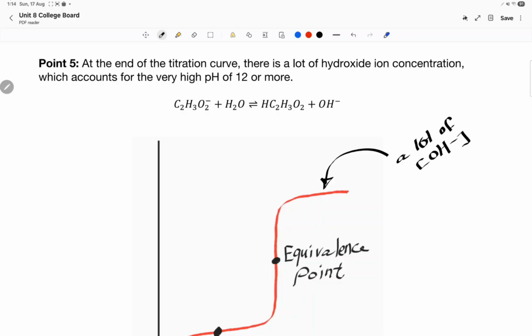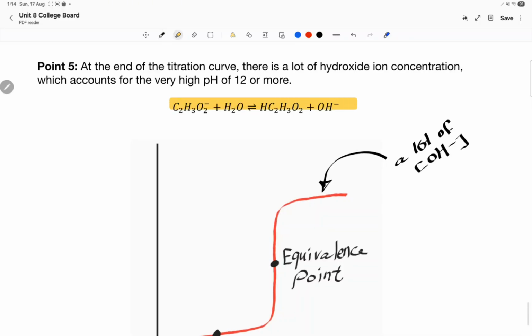That's because of the equation happening toward the end: the conjugate base reacting with the water to give you acid along with hydroxide. This hydroxide gives you the pH of 12 or more, at the last horizontal line.